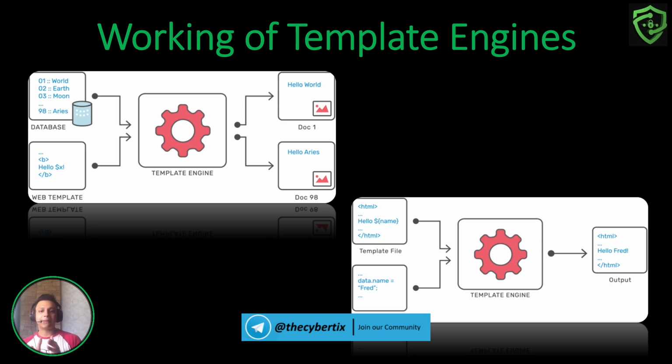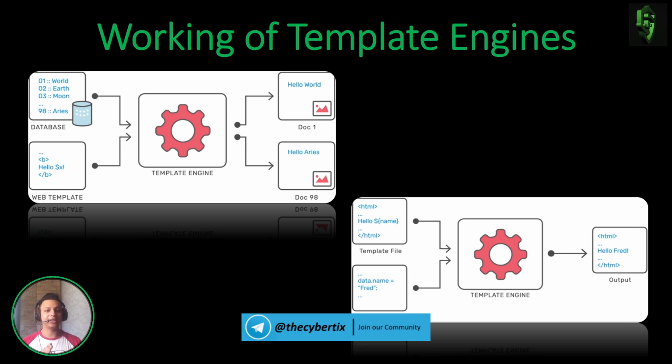The template engine is going to fetch whatever the first name is in the database, and it works as a pointer in the web templates. So you can see the output in doc1 and doc98. If we click on doc1, we will get hello world because the first pointer is for world, and the 98th is about arrays.